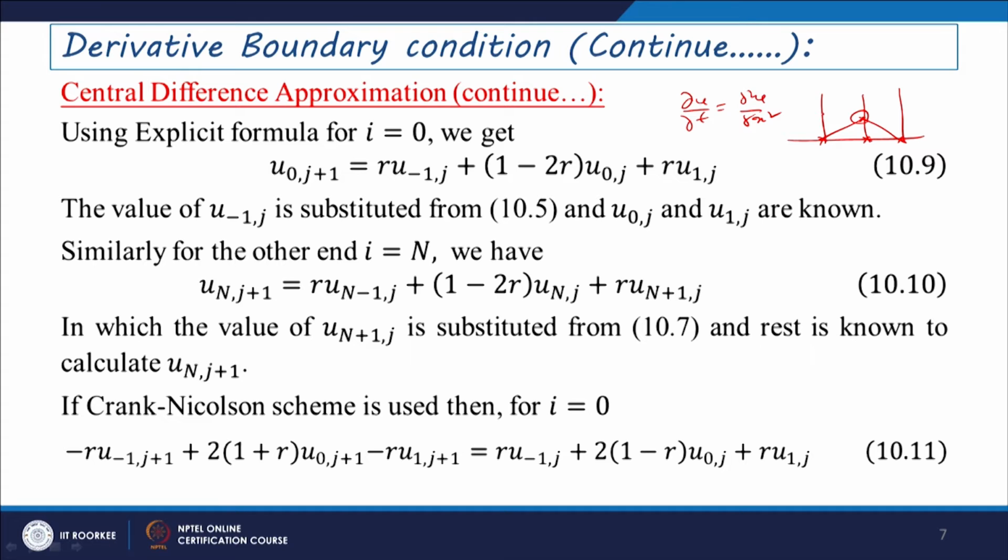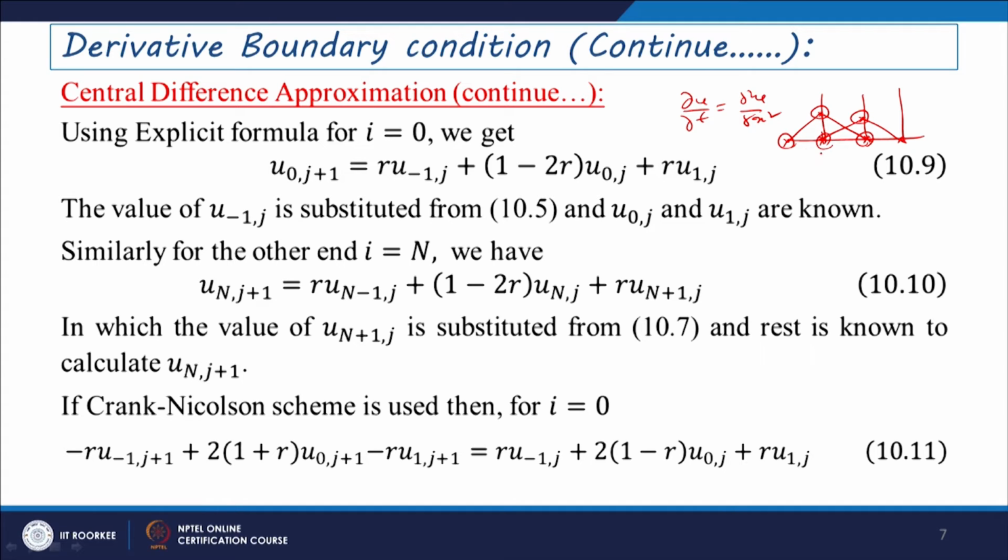And if you approximate the value at this point, it needs 2 more points. So, if we are computing the value u_0^(j+1), suppose this is the boundary, then this requires this point and this point. That is why it is written as r u_(-1)^j + (1 - 2r) u_0^j + r u_1^j.